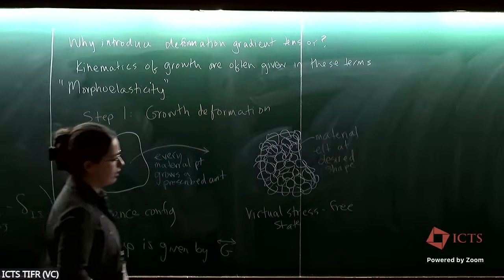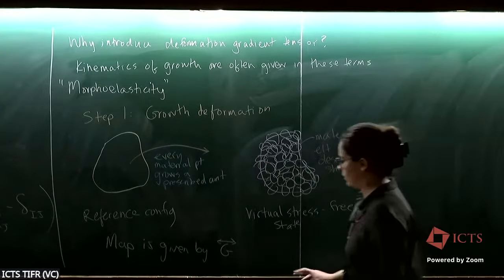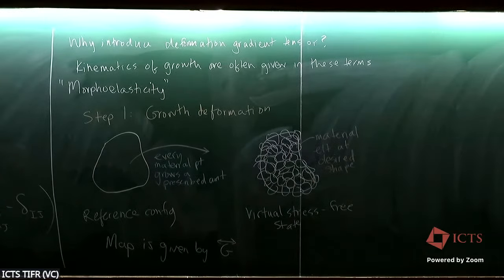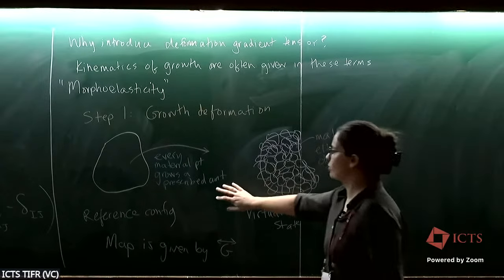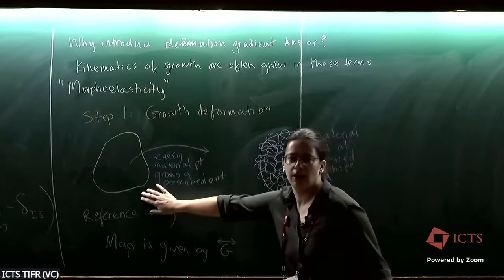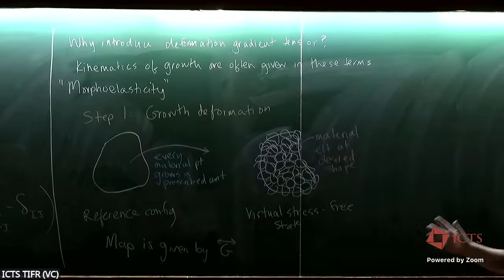And it's possible that these various little deformations are magically compatible, and that when every material point grows its desired amount, you get a state. If this state is stress-free and has no elastic cost, then the resulting state is also stress-free and has no elastic cost.